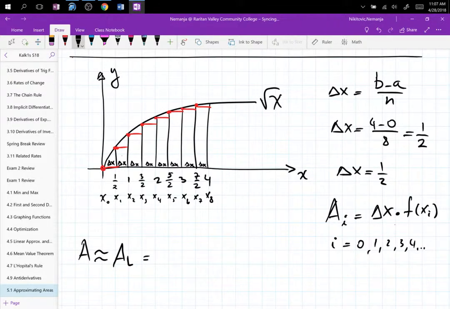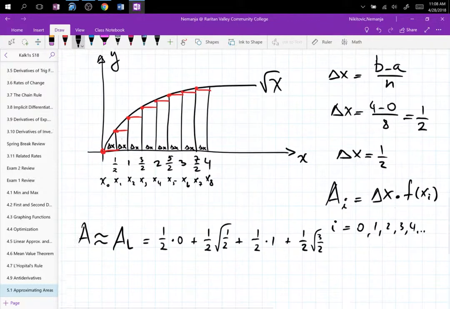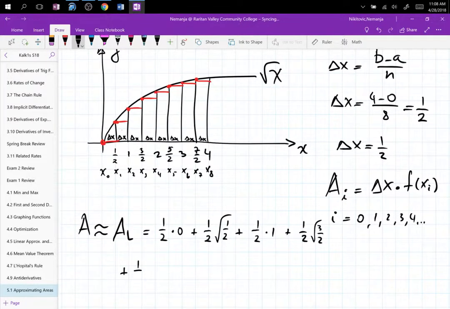And now I have delta x, I'll write the formula later, 1/2, which is delta x, times the function computed at 0, which is 0, plus 1/2 times the function computed at 1/2, which is square root of 1/2, plus 1/2 times 1, plus 1/2 times square root of 3/2, plus.